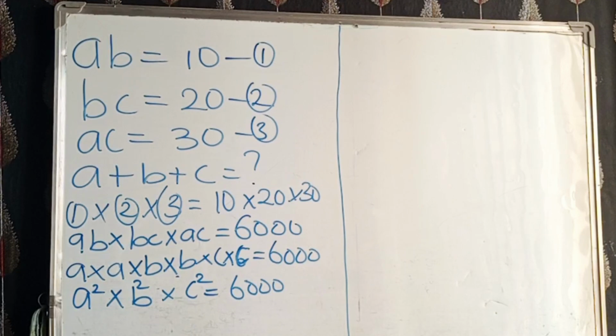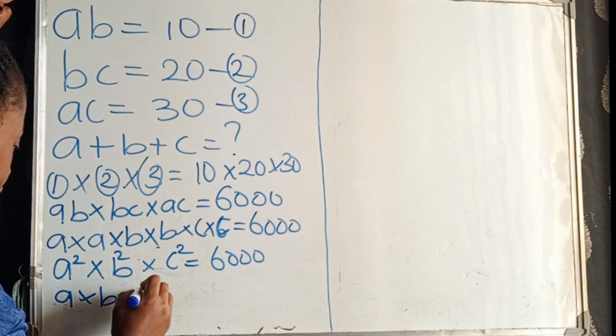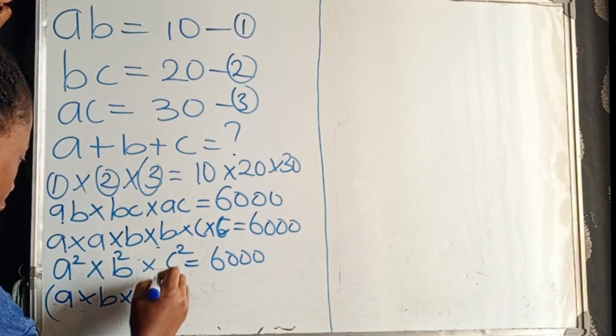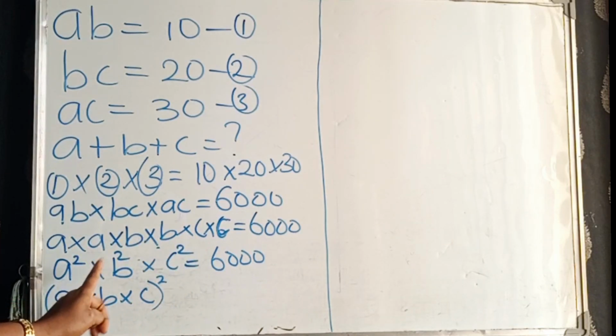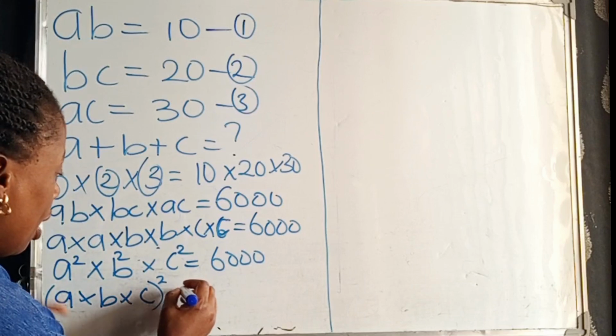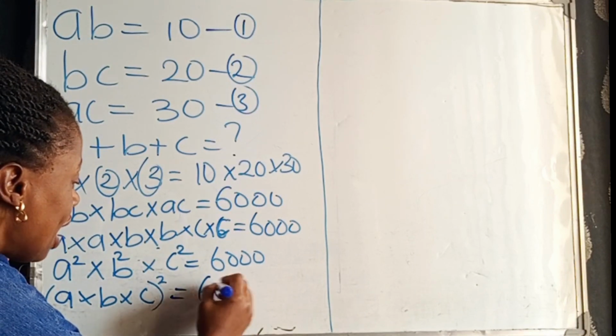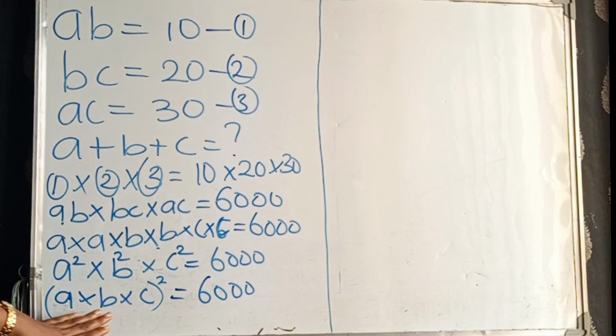Now, the next thing we are going to do: this is the same as A times B times C, all raised to the power of 2. If you open up this bracket, you still have A squared times B squared times C squared, and then we have 6,000 here. Now we only need A, B, C on this side of the equation.